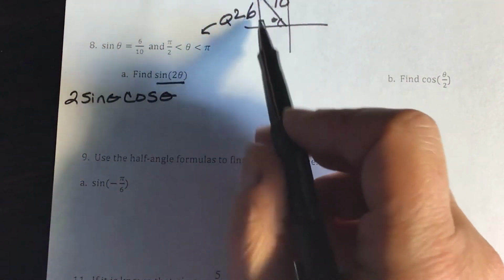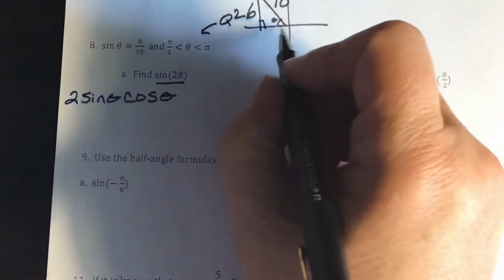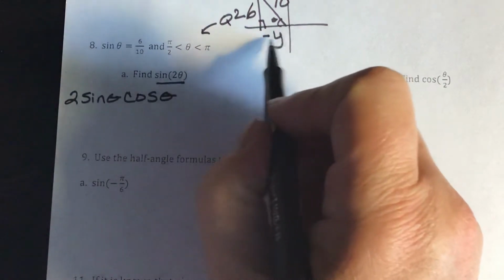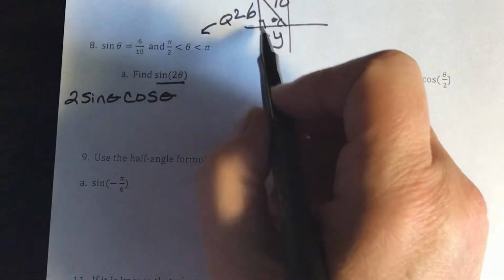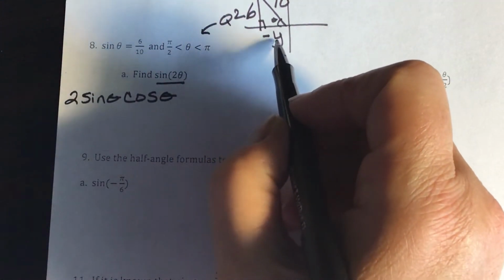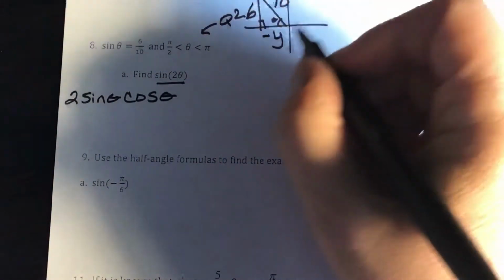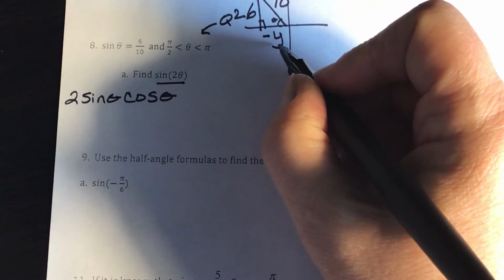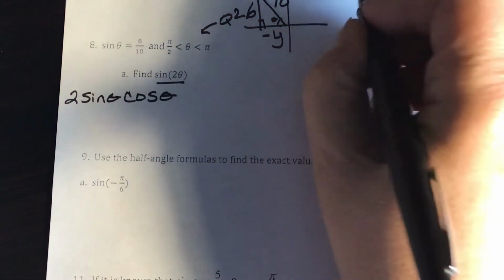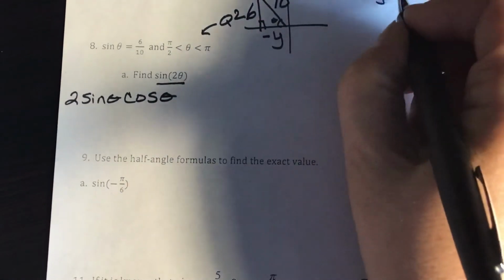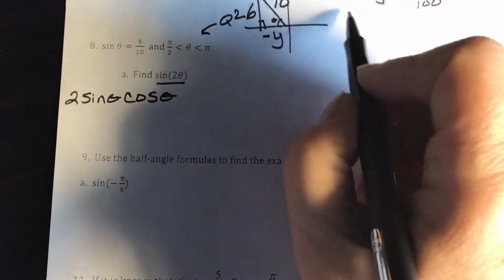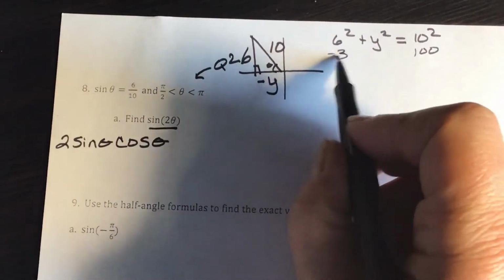And if I do the Pythagorean theorem, this is going to tell me my y value, which is going to be a negative value here, because cosine is negative in the second quadrant. I am going to have 6 squared plus y squared is 10 squared. So that's 100 minus 36.